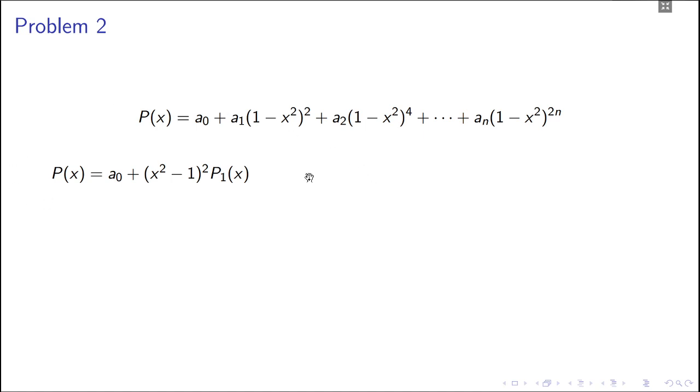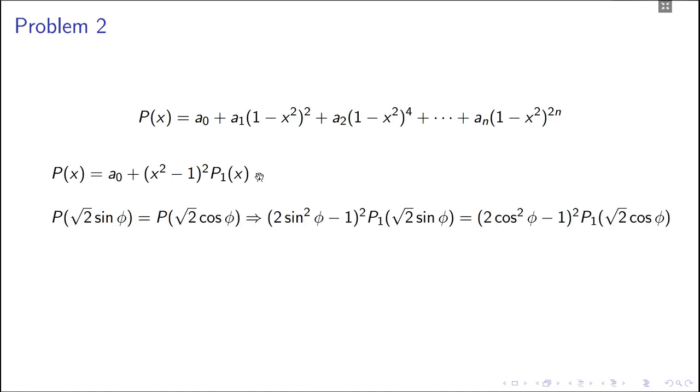Now if you look at P1(x) and you put P(root 2 sin phi) equal to P(root 2 cos phi), you put it here, and what you see is that since there's a square here, this will become (cos 2 phi) whole squared, and this will be minus (cos 2 phi) whole squared.